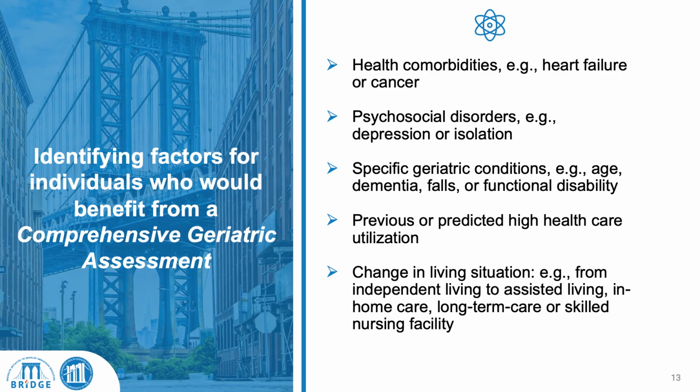Specific geriatric conditions, for example, their age, their mental condition, or if they have dementia, which would or could predispose them to falls, or their functional status, functional disabilities, which will include their ability to complete their activities of daily living or their independent activities of daily living, which I will address later.